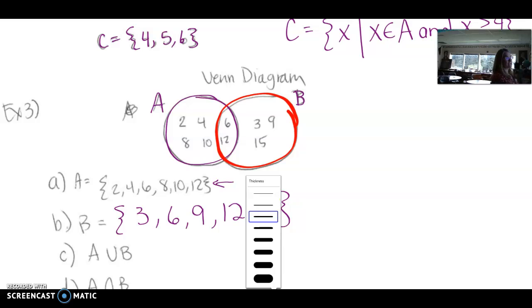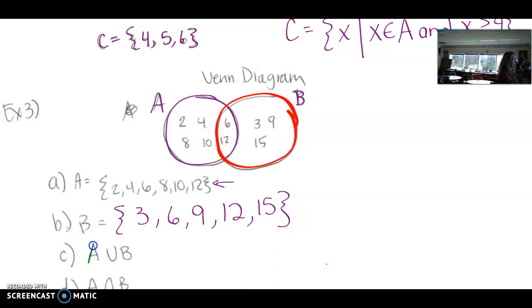You have to find all the elements that are in A or in B. So what does that look like? Well, we have to get all the numbers in A plus all the numbers in B and include both of those, because they're the numbers that are either in A or B. I'm going to go in order here. So I did the 2, the 3, I've got 4 in one or the other.